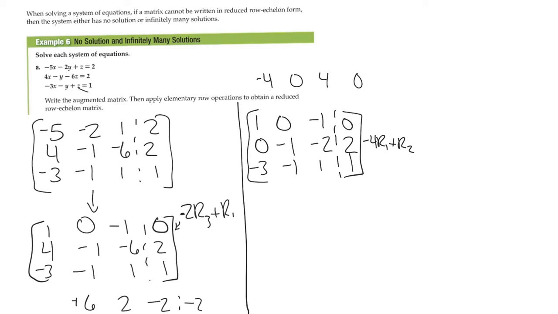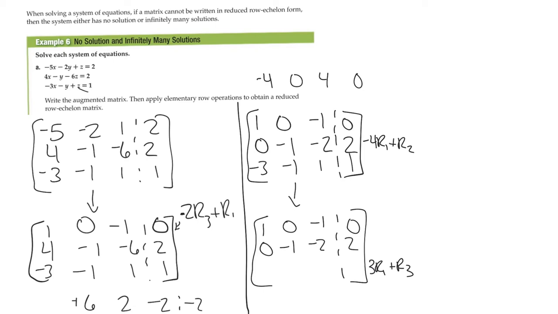And then our next step, we're going to go ahead and take care of row 3 underneath that leading 1 in the first column. That means I need to multiply 3 row 1 plus row 3, and that becomes my new row 3. Okay, so doing that, that gives me a 0.